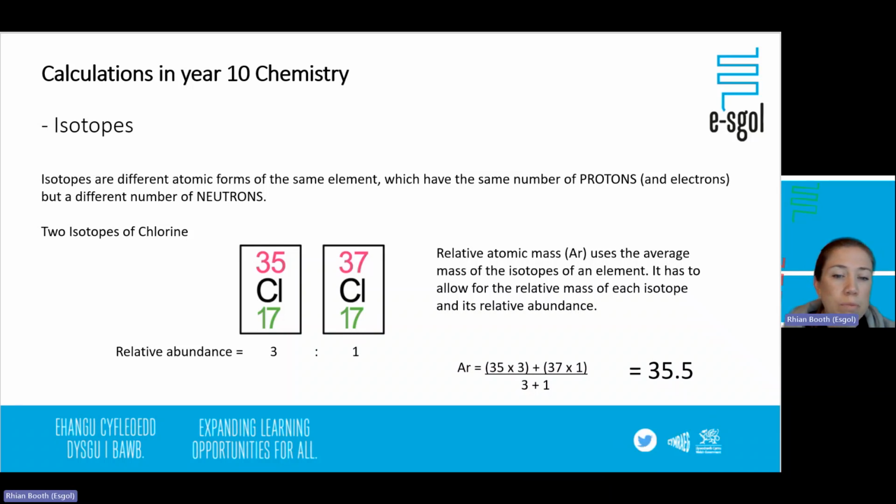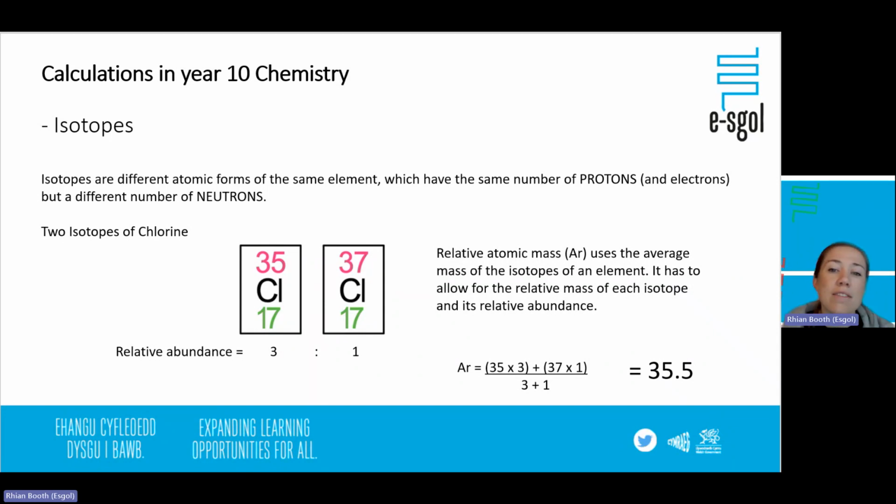So what we would do, we would multiply the relative atomic mass of the isotope by the abundance, add that to the relative atomic mass of the other isotope, multiplied by the abundance, over the total, which gives you 35.5, okay?